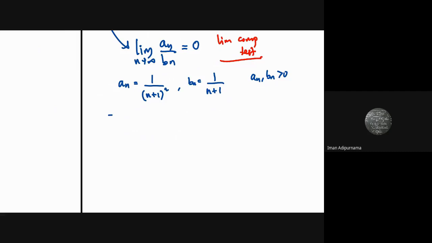Now, if we are looking at this an, let's make a new integer k. If you start from 1, then I will make it into k squared. Actually, it's the same as this one, but I'm changing to k. It is n plus 1.